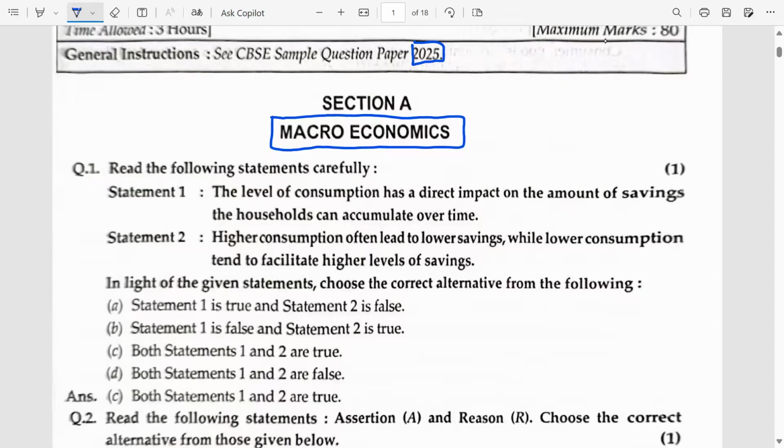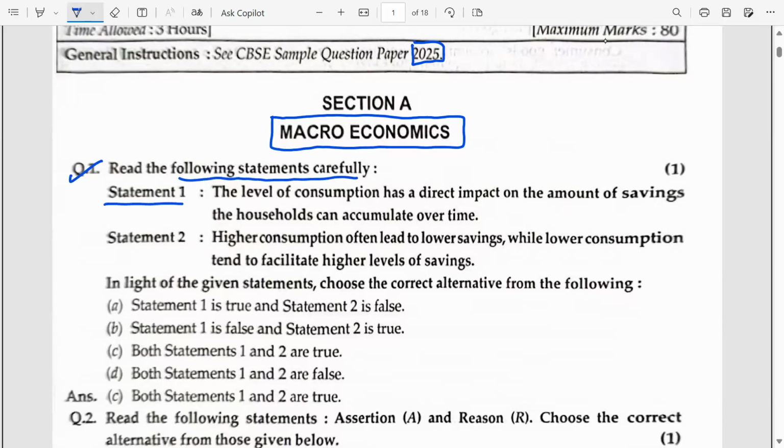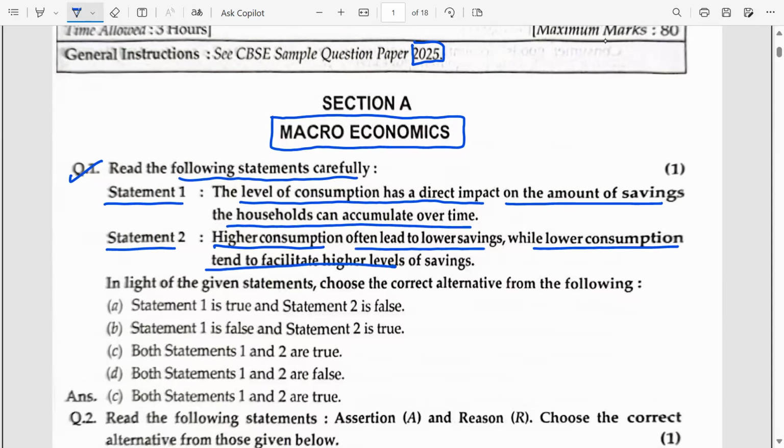Let's look at question one. Read the following statements carefully. Statement one: level of consumption has a direct impact on the amount of savings the households can accumulate over time. Statement two: higher consumption often leads to lower savings, while lower consumption tends to facilitate higher level of savings.